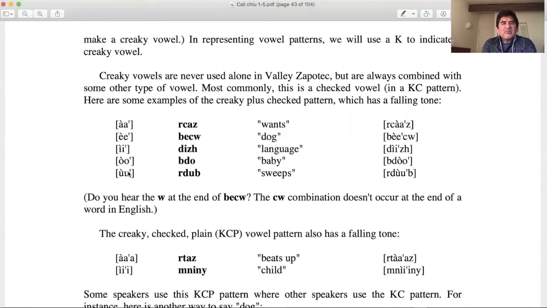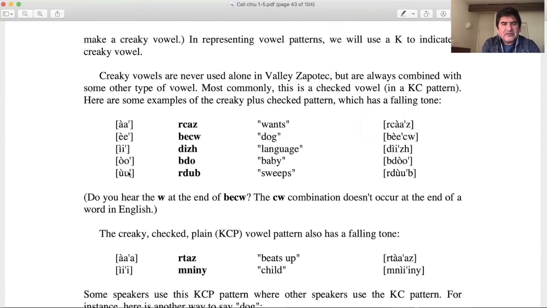Nothing else. But with the creaky vowels, as I said, it doesn't really stand alone, so it always needs something else after it. As in the examples that you guys are seeing right now, and again, I'm gonna be pronouncing this set of words for you.